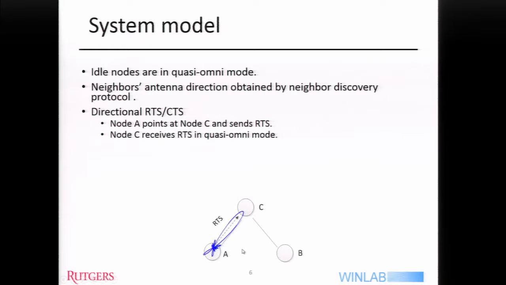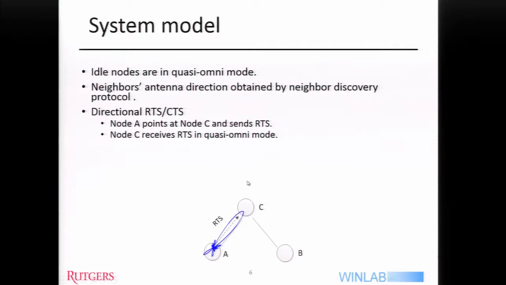And node C. Quick question. When you say A points to C, how does it actually do that? Is there a map with coordinates, or are there beacons that need to be tracked, or is there channel estimation that needs to be measured? I think there are two kinds of solutions. First, there is some existing work about neighbor discovery protocols, where each node does scanning and finds the direction of its neighbors.